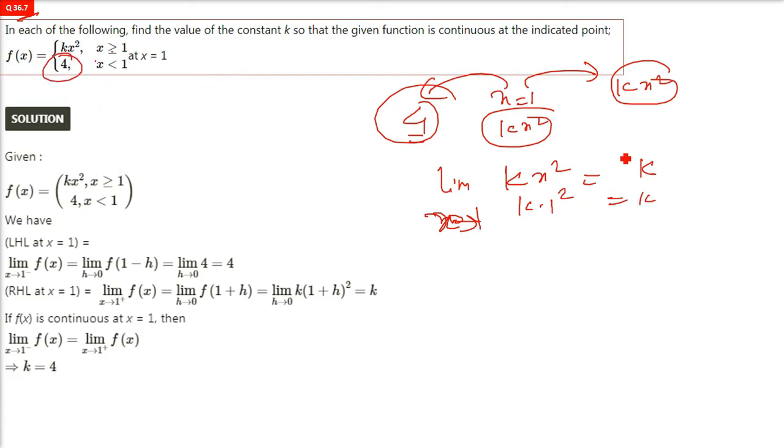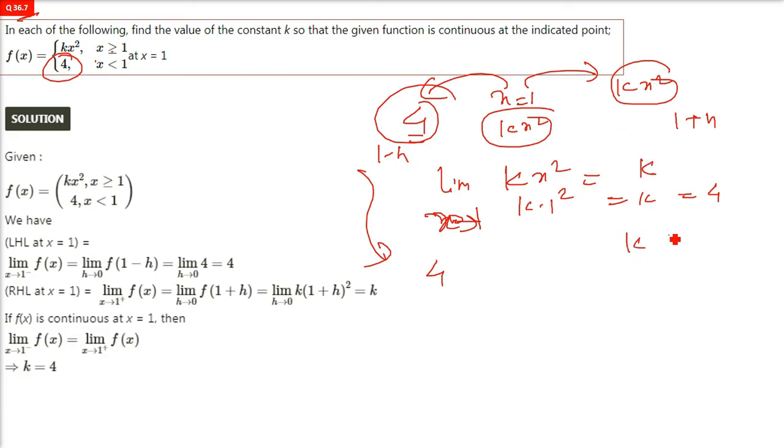So basically what I'm trying to insist here is that while you are solving, you have to go through the whole procedure of k, LHL and RHL. But directly, if you see that the answer comes like that and there is no untoward number which is going to come if you apply the limit, because the limit is only applied when you don't get a proper answer, like 0 by 0 or infinity by infinity.